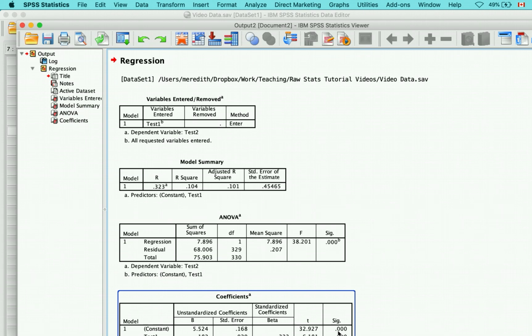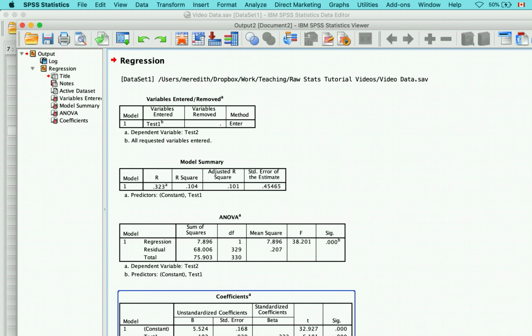If you recall from the class lecture, it doesn't matter if the constant is different than 0 or not. But the slope needs to be. Otherwise, it means that we have a flat line between the two, and that the best predictor of the dependent variable is just the mean of the dependent variable.